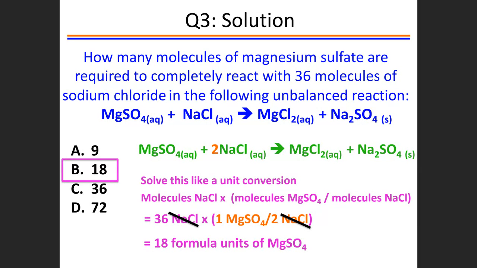So 2 for 1, so for the 36, it will be 18, correct? Yeah, as I just said, this is what I was talking about, you need to know this one, then you can calculate any amount.